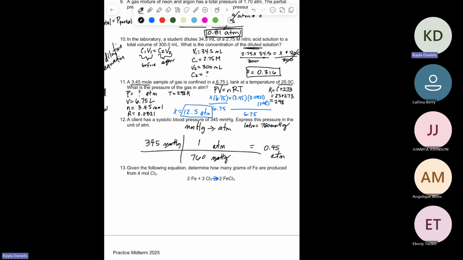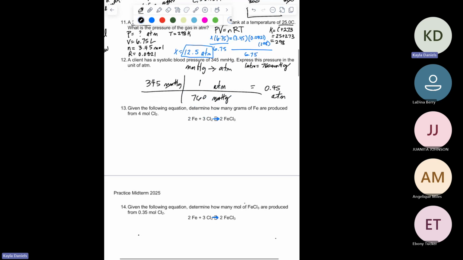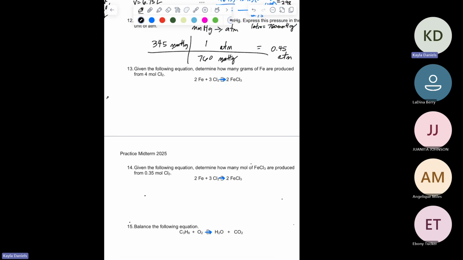All right, so that covers the gas law stuff. Now we're moving into stoichiometry, which is what I reviewed with you guys at the end of lecture 2. All right, so you have 2 stoichiometry problems. You know that there's stoichiometry when you're given a balanced equation already. So 13 and 14 here are stoichiometry problems.